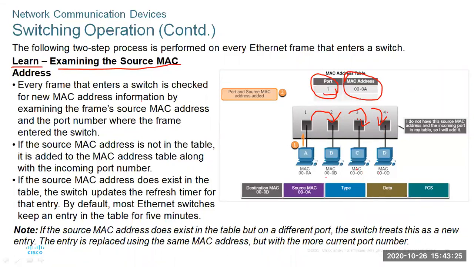If the source MAC address does exist in the table, the switch updates the refresh timer for that entry. By default, most switches keep an entry in the table for 5 minutes, after which they will update it.